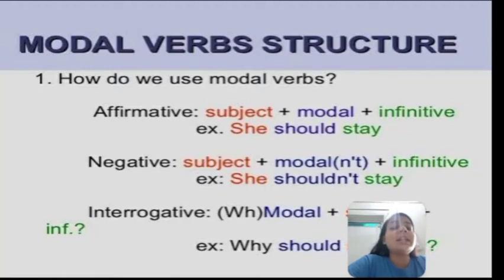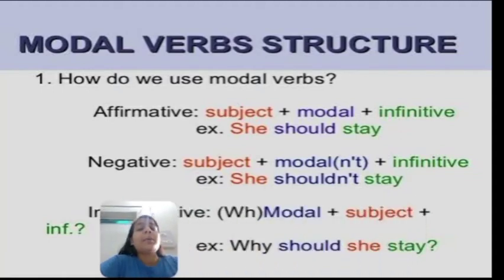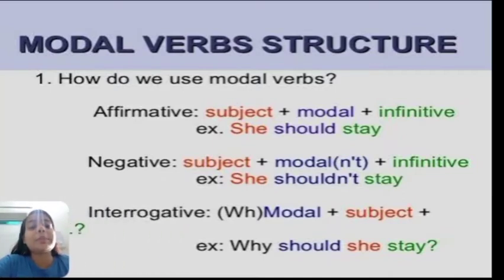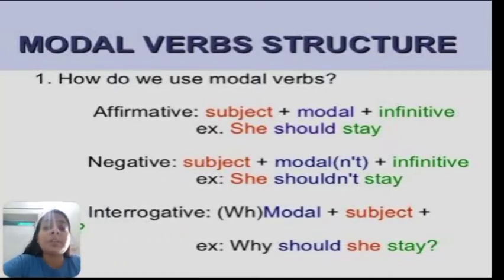We can form an interrogative sentence in two ways: first, by using the modal as an interrogative word, or we can add a WH word before the modal, then the subject, and at last the object or bare infinitive. This is how you use modal verbs in forming sentences.